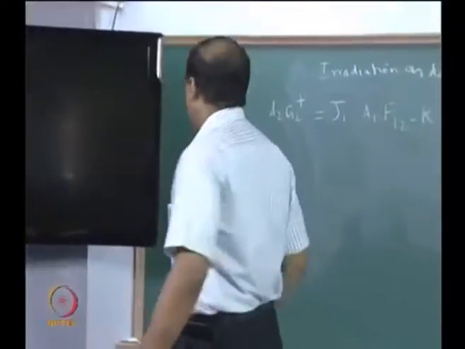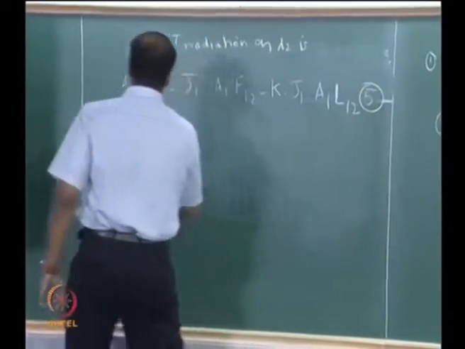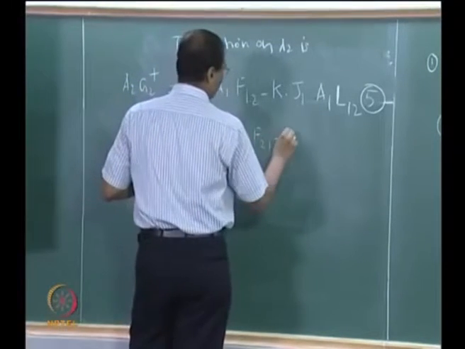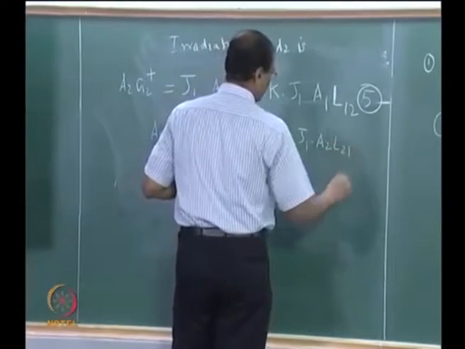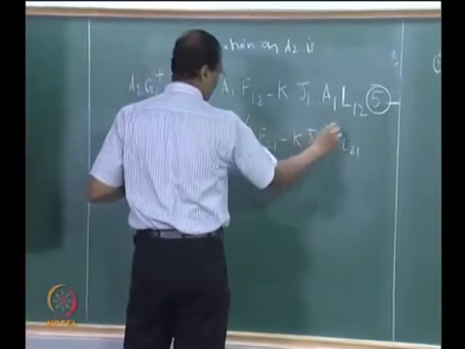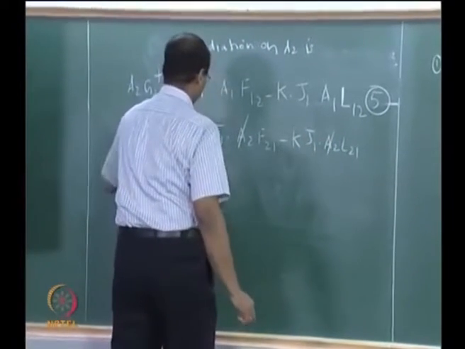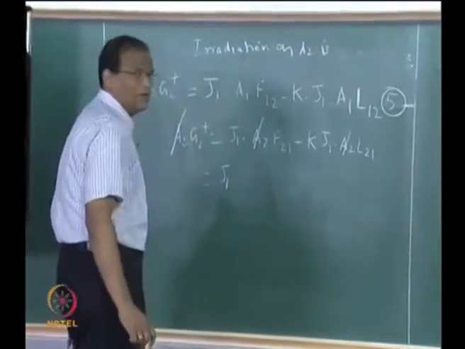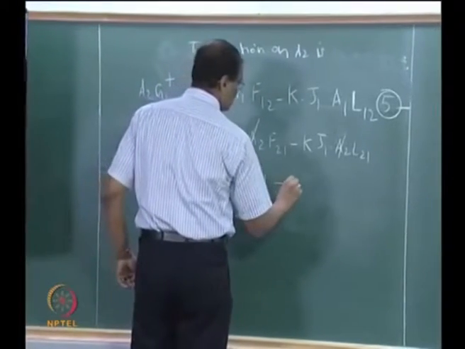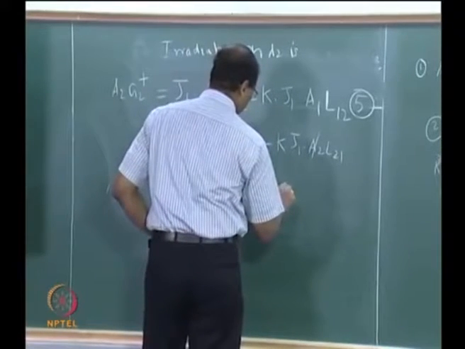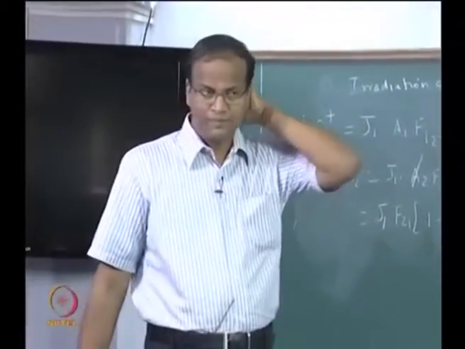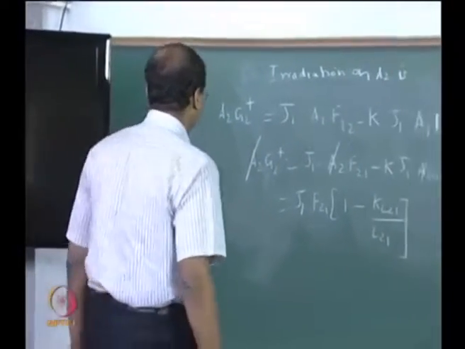Yeah, I can use the reciprocal rule, okay. So, J1, F21, okay.